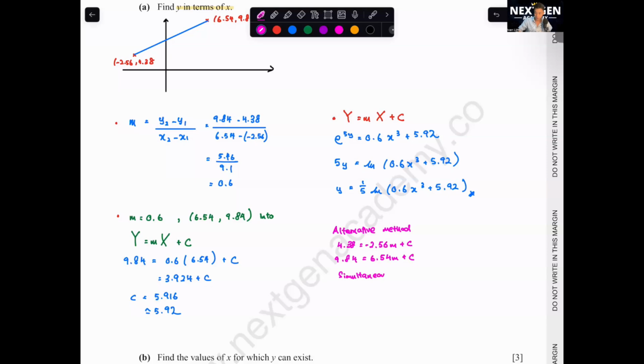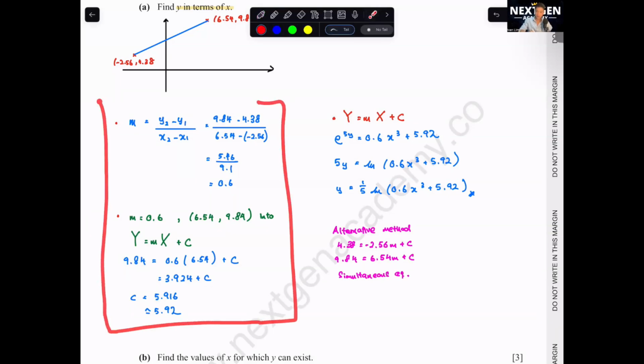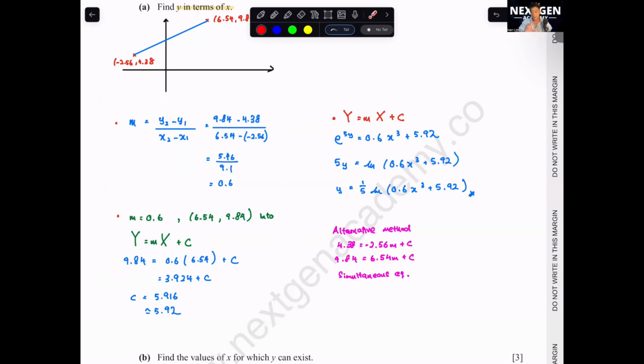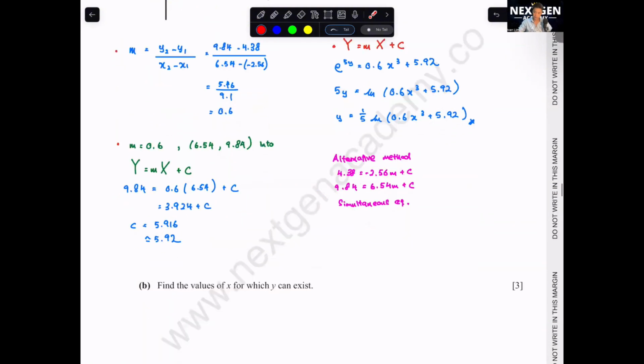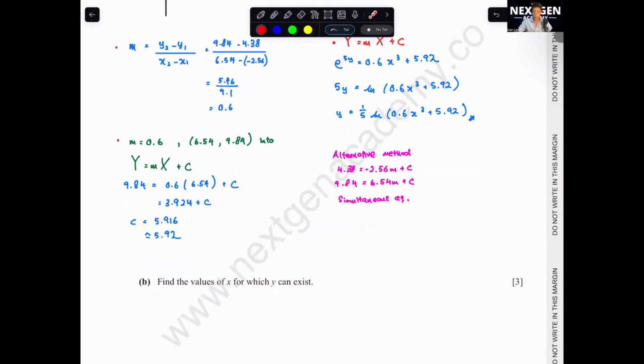Some of you like to do this to find your m and c. By the end of the day, this is your preference. Both ways can do it. Okay? I don't want to write so many because I'm scared you'll be confused, so I will only teach you the method that I think is easier.